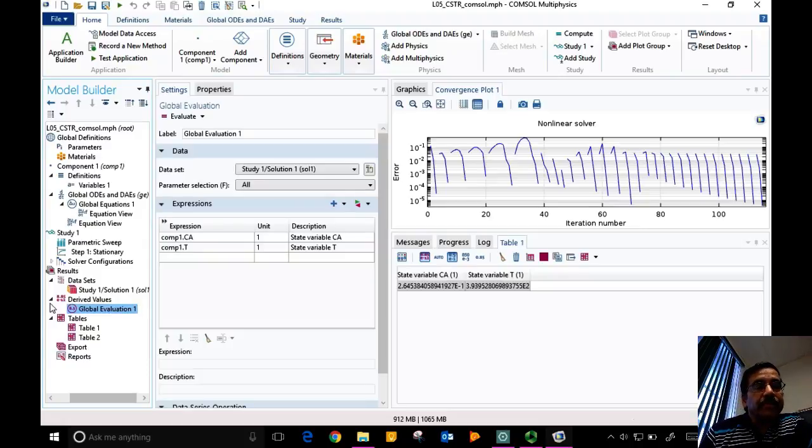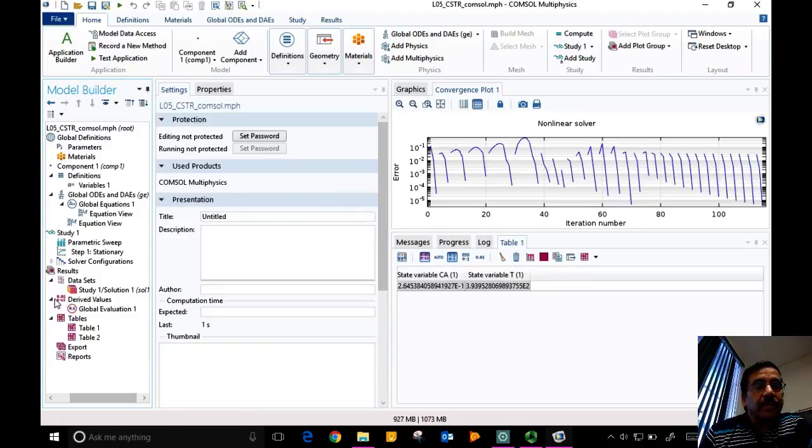Global evaluations. I'm sorry, I shouldn't be wasting this time. I should have figured this out before. Anybody has any ideas where it is saved?